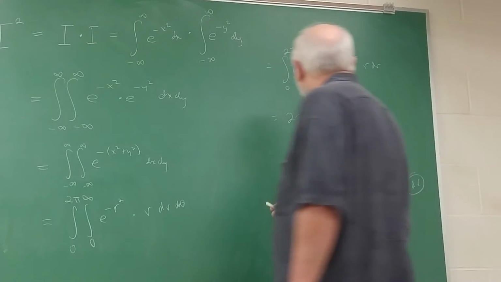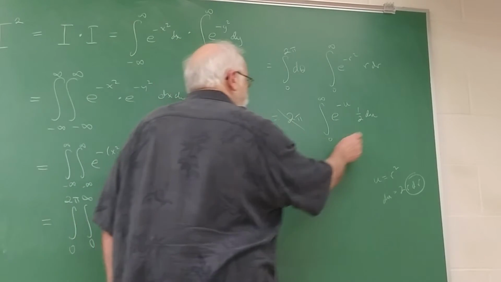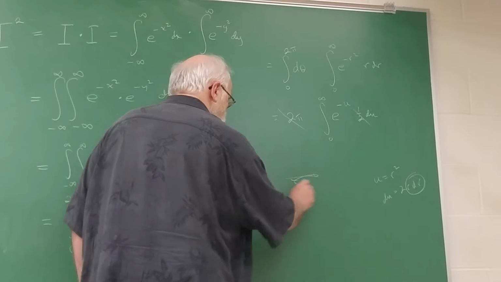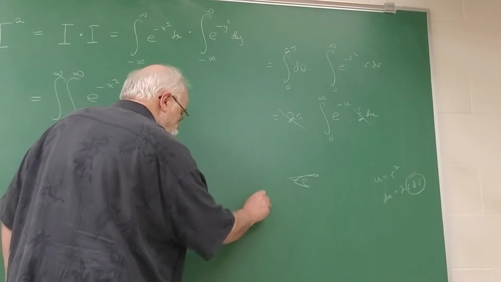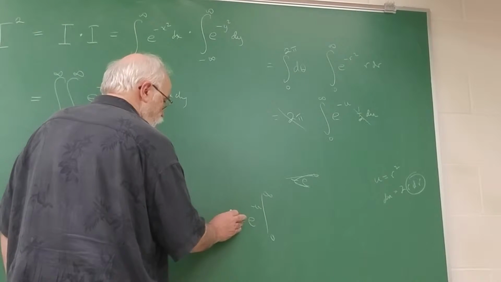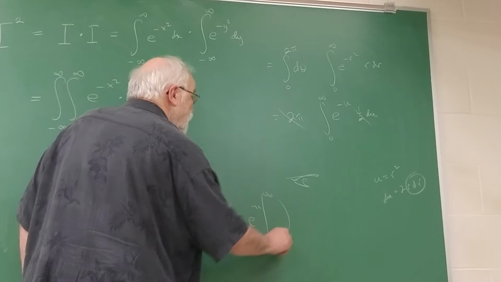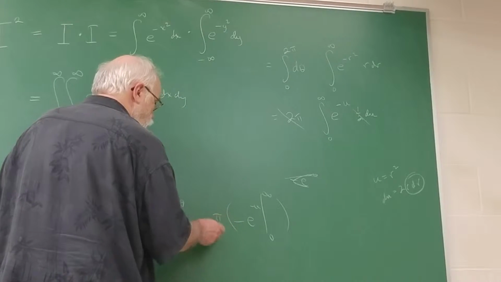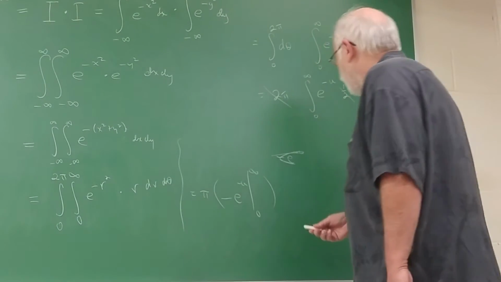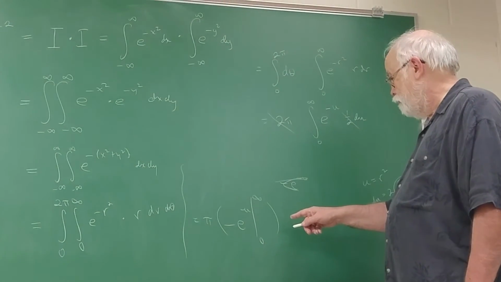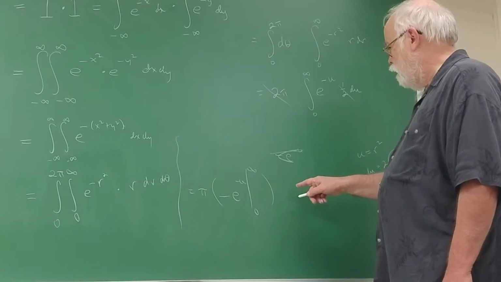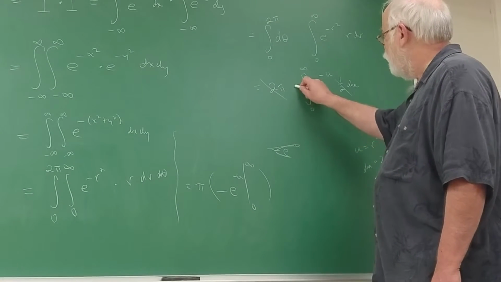And so the 2's cancel. And I get a minus e to the minus u from 0 to infinity. And we've got our pi out here somewhere, pi times this.